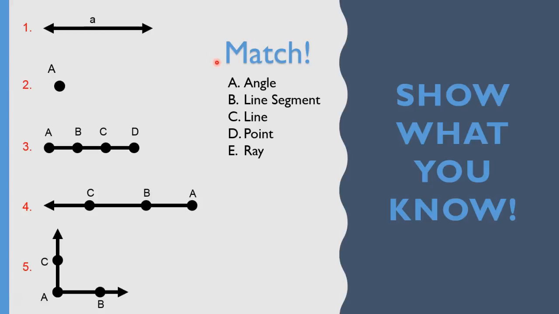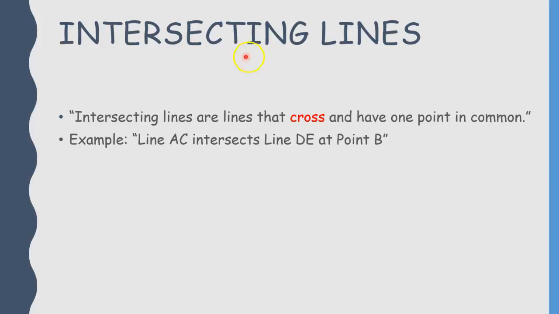So now we have learned a lot about lines, but there are also 3 special names for the different types of lines. One special name that you need to know is intersecting lines. And quite simply, it's lines that cross. And they have one point in common. Remember that lines have to be straight.